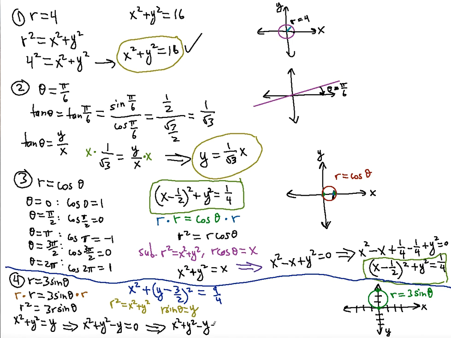It's going to give you plus 1 over 4 minus... Oh, wait a second. I made an algebraic mistake. I forgot that I just put y in here. There should be 3y, right? Because 3 multiplies the r sine theta. That was my mistake. Let me correct that really quick.